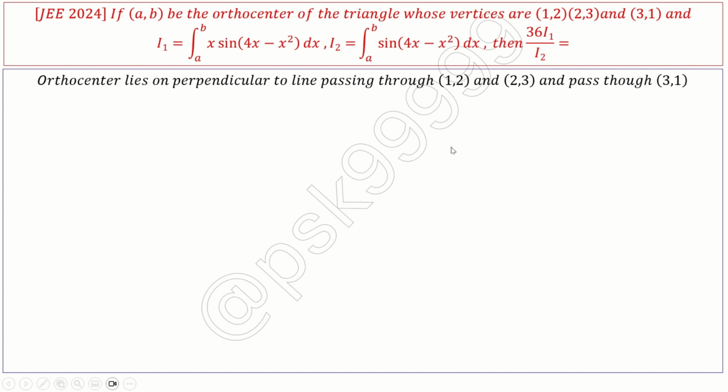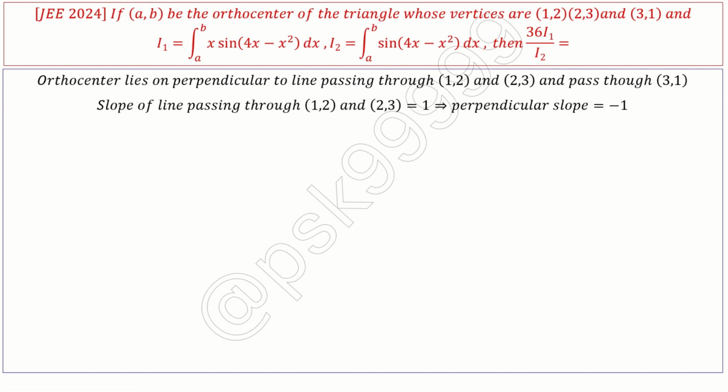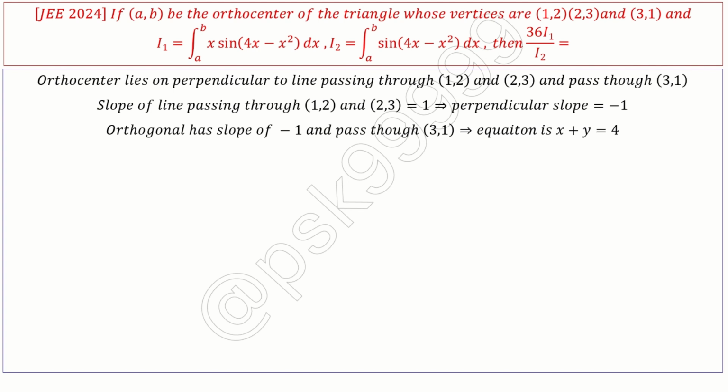So I can construct the line equation very easily, right? So slope of the line passing through 1 comma 2, 2 comma 3 is 1, so perpendicular slope is minus 1. So orthogonal has a slope of minus 1 and passing through 3 comma 1, so equation is x plus y equal to 4. If I substitute a comma b, because a comma b is the orthocenter, this pass through this line, right? This is on this line only, so it will be a plus b equal to 4.